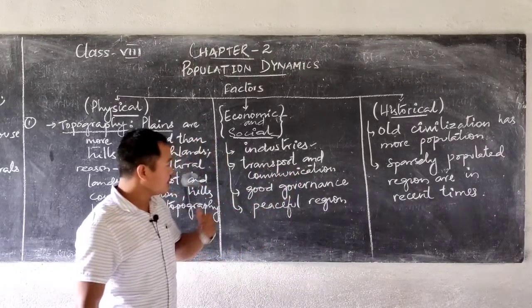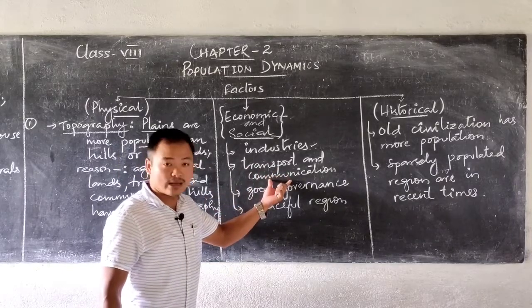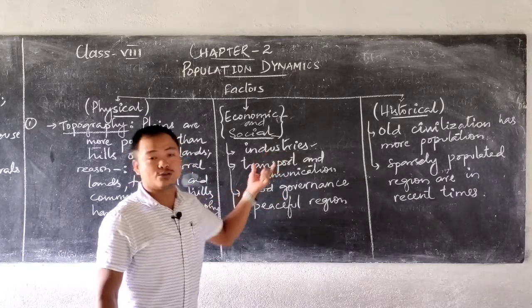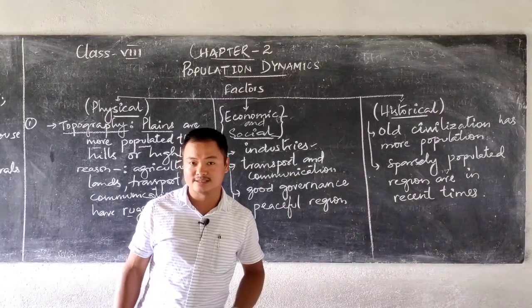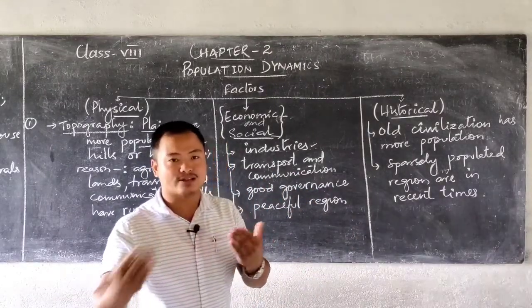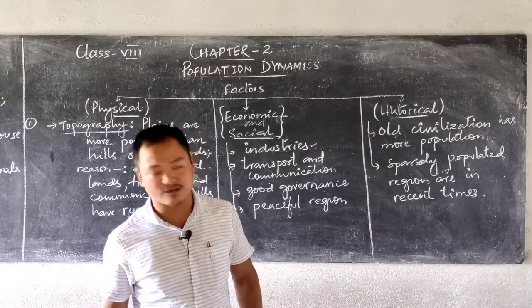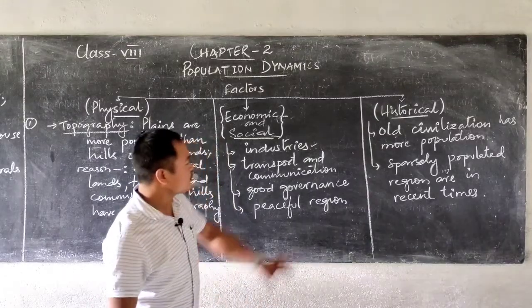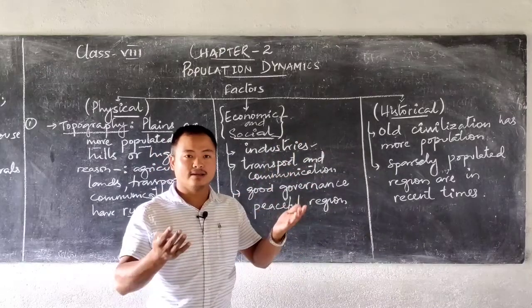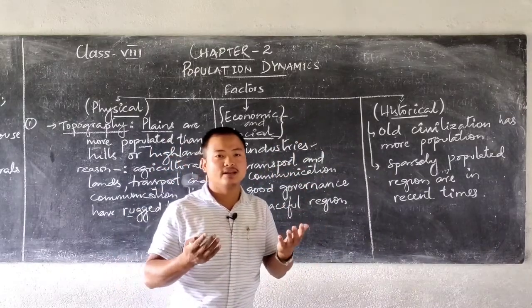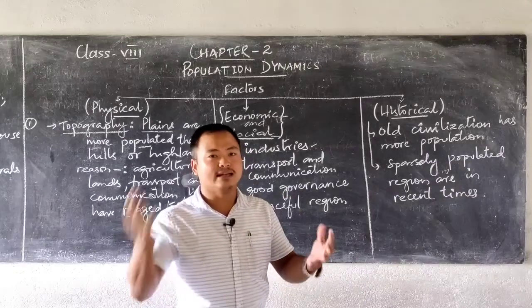At the same time, wherever transport and communication are very good and industries are very good, those places are also very much supported by the government. So there is good governance. That means the government provides better facilities along with a good political scenario in that place. So automatically that place starts growing, and once the place starts growing, the population automatically gets attracted to that particular place.